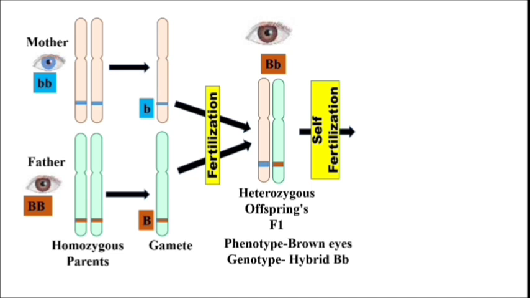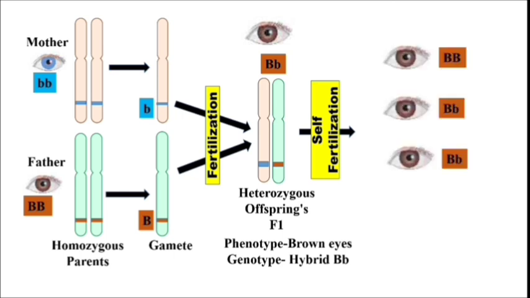If the F1 generation undergoes self-fertilization, it will give a similar result to the F2 generation in Mendel's pea plant experiment, which is 3 F2 offspring will have brown eyes with a hybrid genotype and 1 offspring will have blue eyes with a homozygous recessive genotype, maintaining the 3:1 Mendelian ratio.